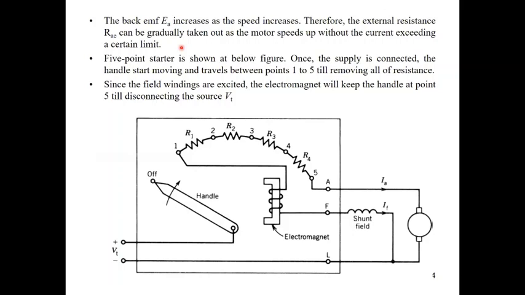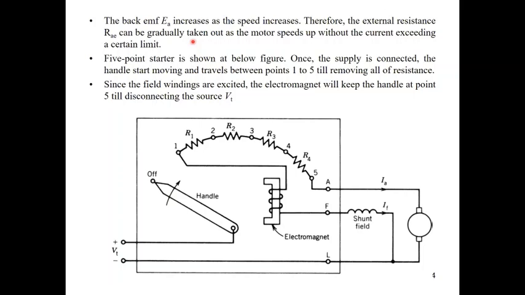Because the EMF is increasing, the current will start decreasing. This is the normal operation of the machine. So if we add a rheostat or variable resistance to the motor in starting, we expect to limit the starting current.